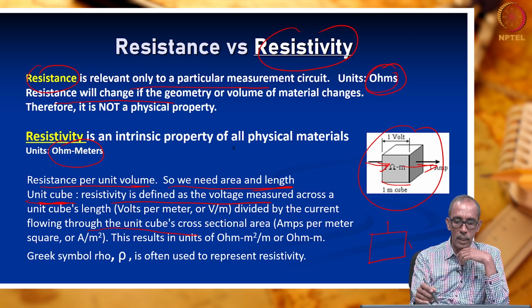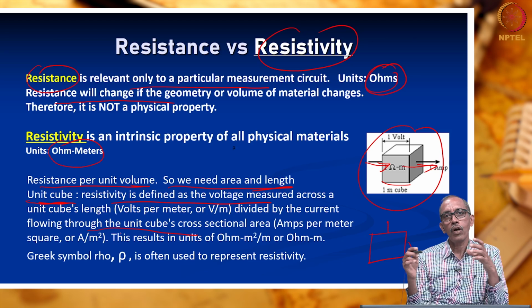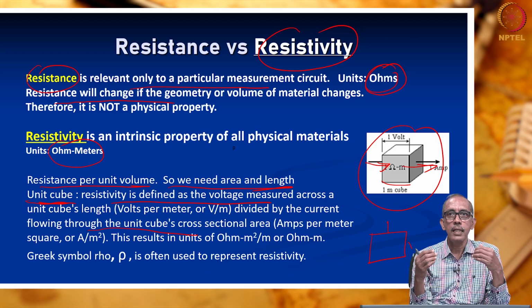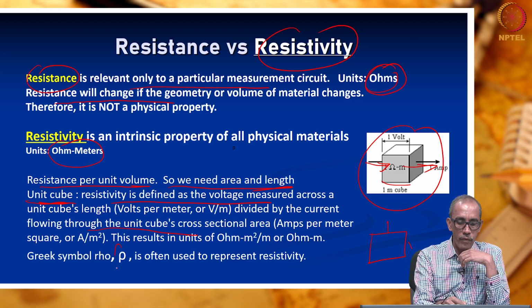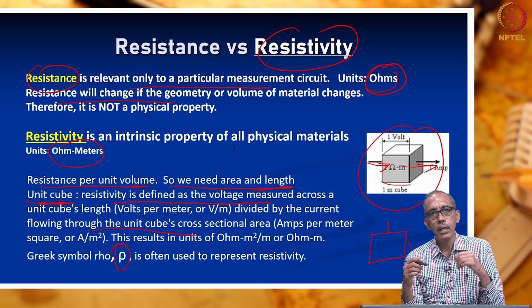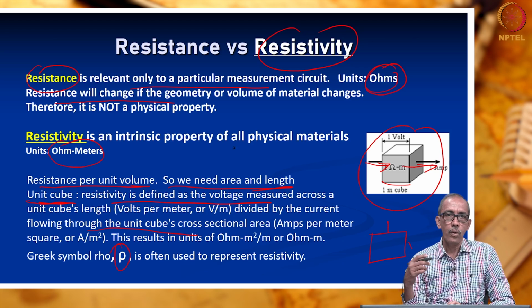So resistivity is dependent on the area of cross section as well as the length of that particular object. In other words, resistance per unit volume is known as resistivity, which is often referred to by the Greek letter rho. Rho is often used to represent resistivity.